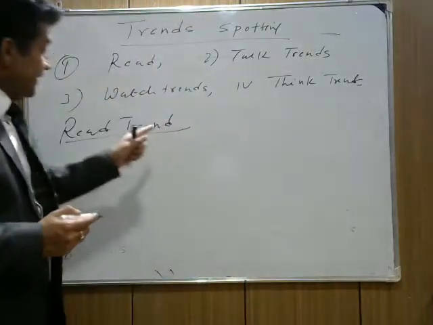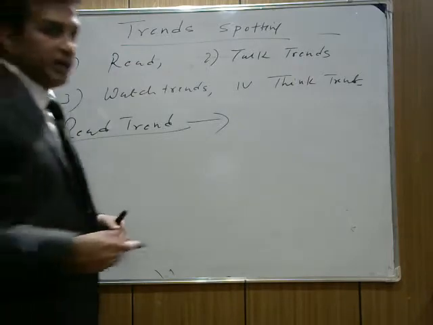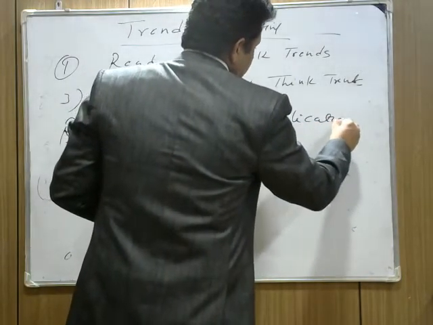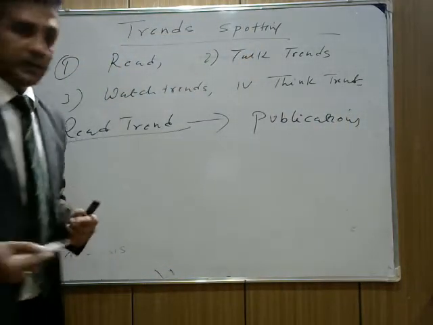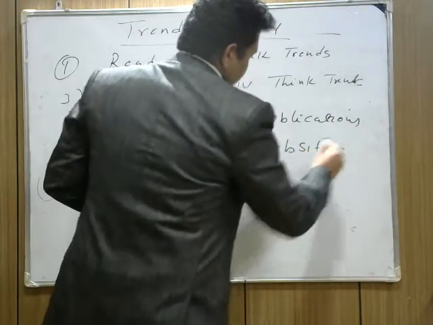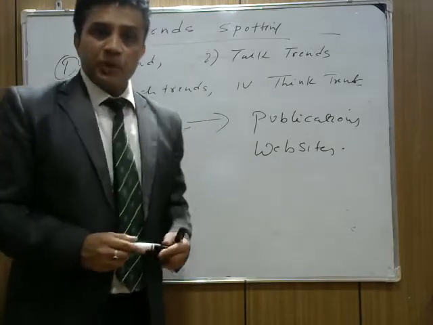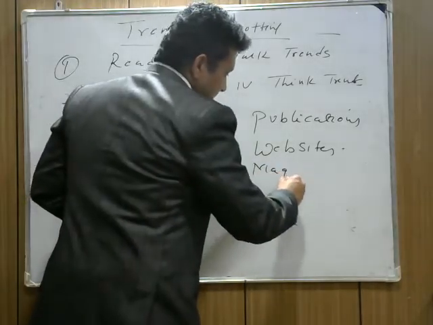How do we get the read trend? You can read from the various leading publications. From the publications you get a brief idea what customers want. From websites also, there are different websites which are going to help the businessman, or from the magazines or business magazines.